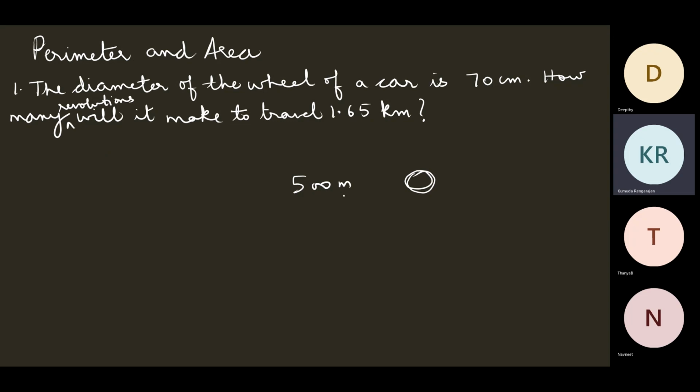Supposing the total distance covered is 500 meters and the distance covered in one revolution is 50 meters. One revolution, 50 meters. Two revolutions, 100 meters. Three revolutions, 150 meters. Four revolutions, 200 meters. So how many revolutions will the wheel have to make to cover 500 meters?